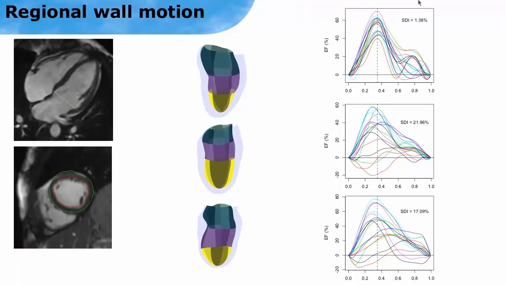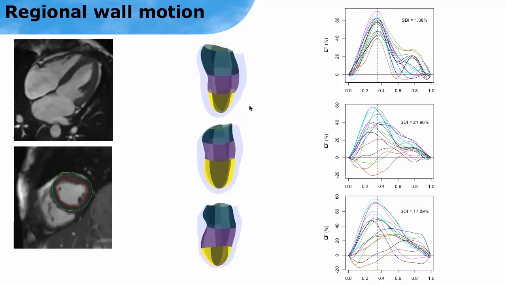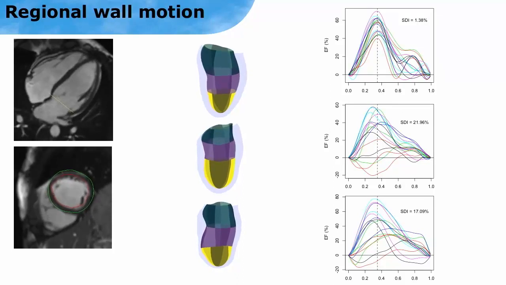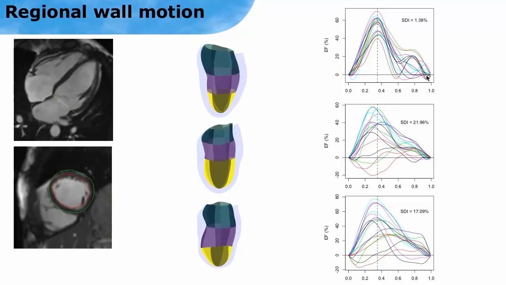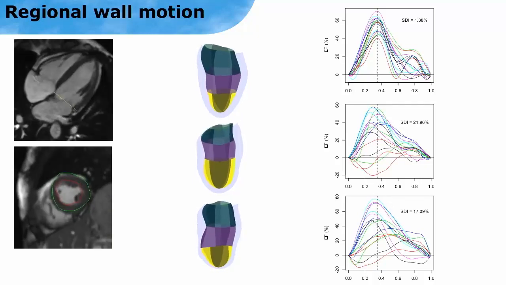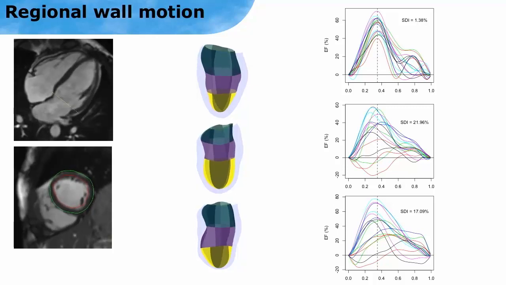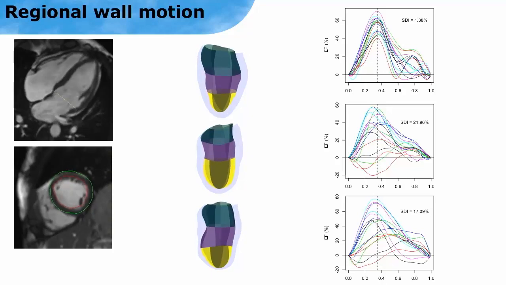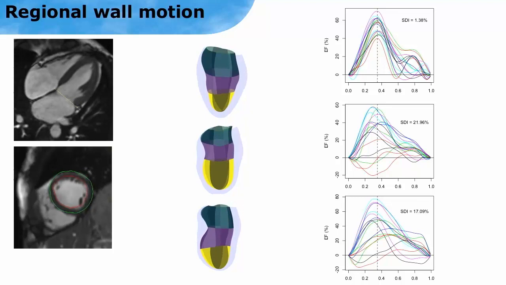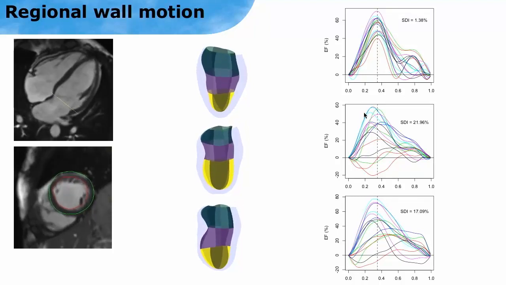So we could divide our analysis into the 17-segment American Heart Association method, and we get a curve for every segment in that model. But you don't have to. I think that was generated from a map of coronaries, which may vary from patient to patient, and also is a very coarse subdivision of the myocardium. So you can do a lot finer resolution indices than just the 17-segment analysis.